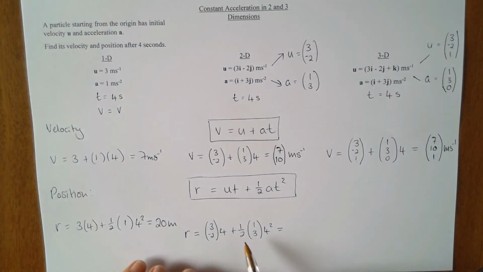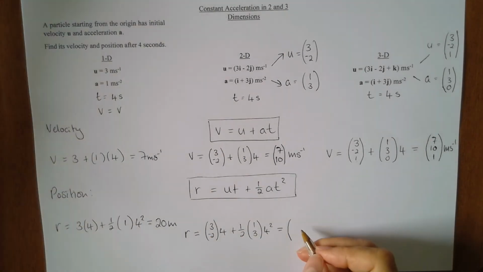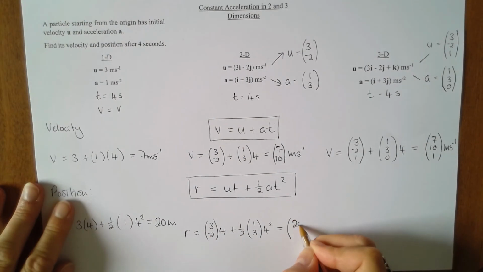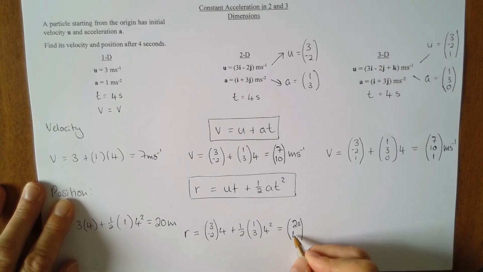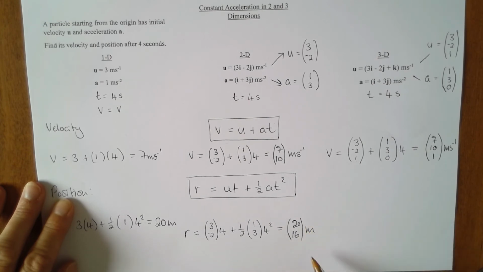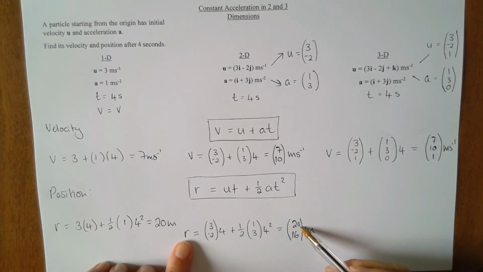So working out each row independently, 3 times 4 is 12 plus a half times 1 times 16, which gives us 20. And then negative 2 times 4 plus a half times 3 times 4 squared, which gives us 16. So that means its new position is 20 in the i direction and 16 in the j direction from the origin.